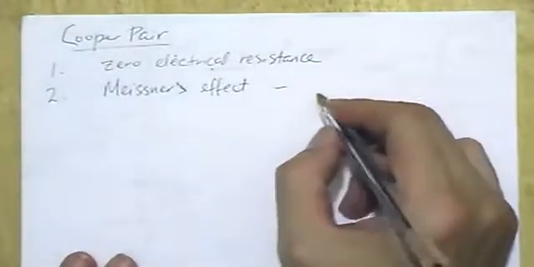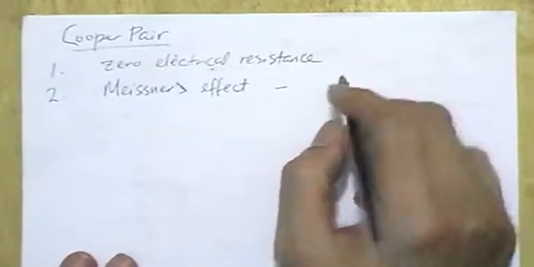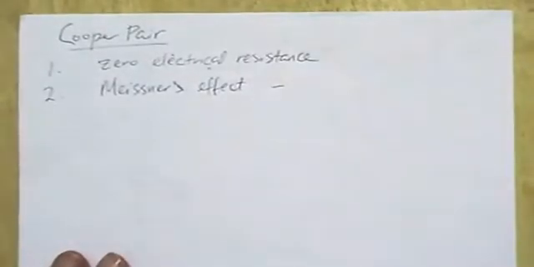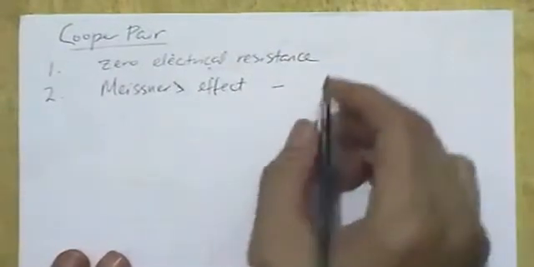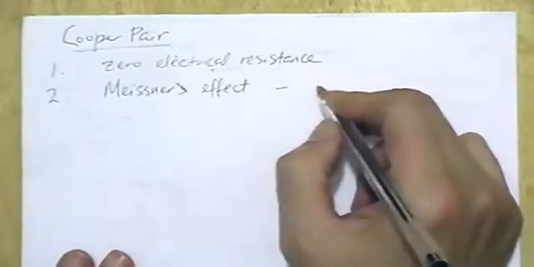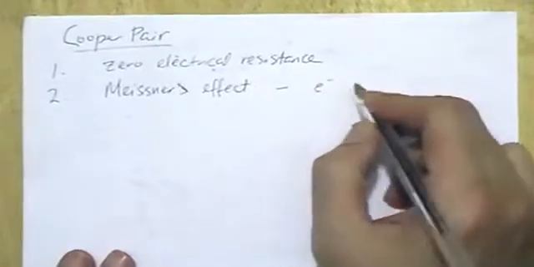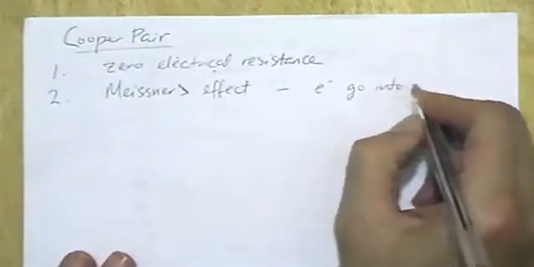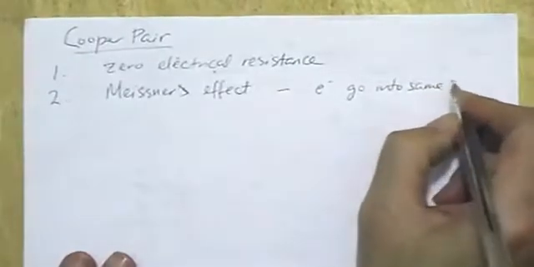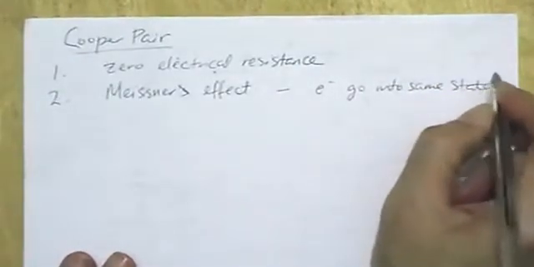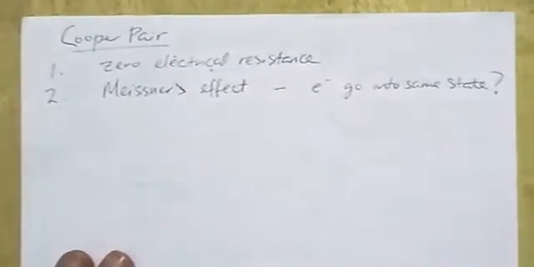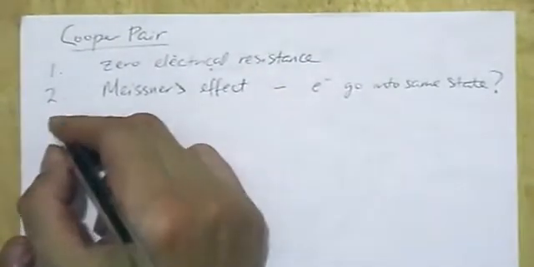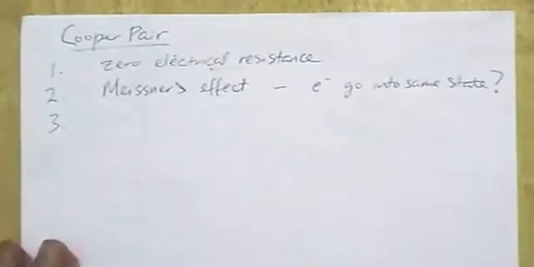That was how the electrons can all go to the same state and form a single giant wave function. Electrons go into the same state. How is that possible? Okay.